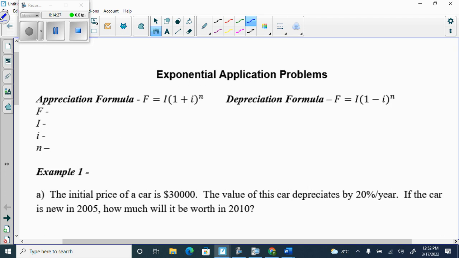Okay? So, F represents our final amount. So we're going to write that in here. It's our final. That's the final amount that you end up with after it's increased. I, this capital I, is the initial value you start with.